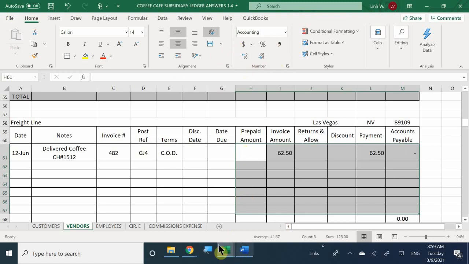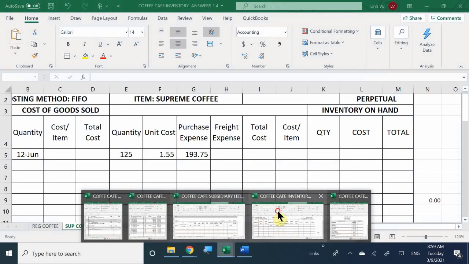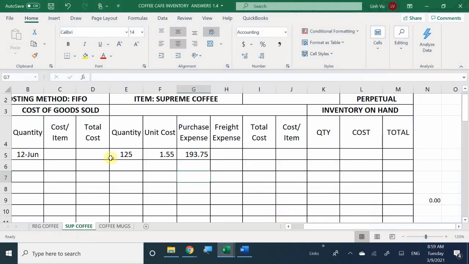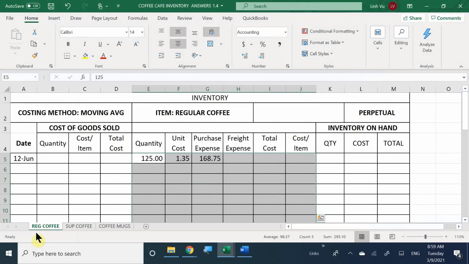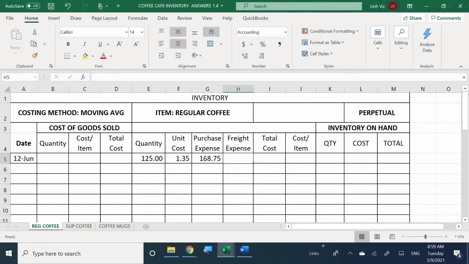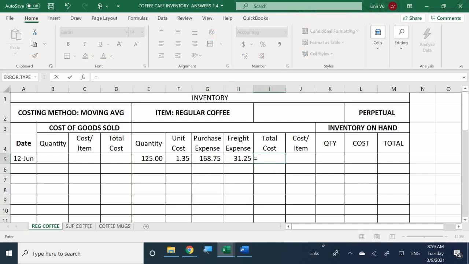Okay. Now, last but not least, we can go ahead and update our inventory worksheet. So once again, we're going to go to regular coffee. And the freight expense for the regular coffee was the $31.25. So what's my total cost here? $200.